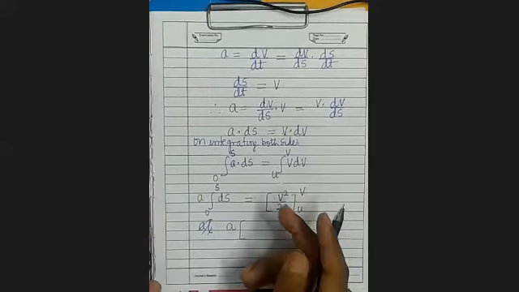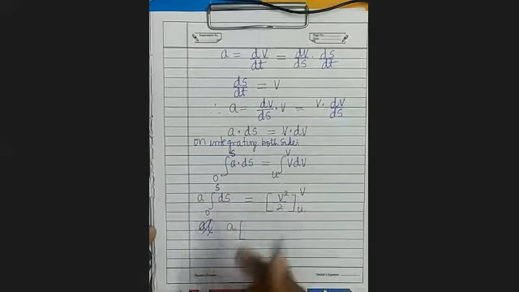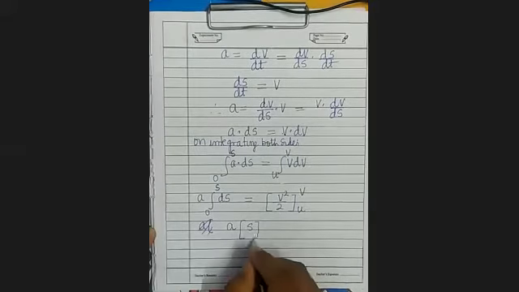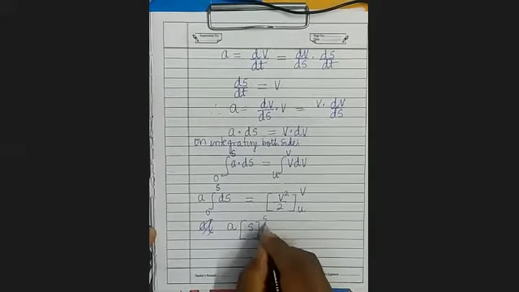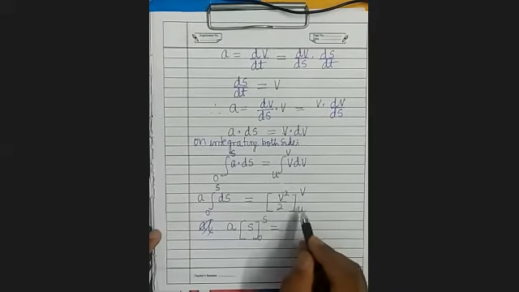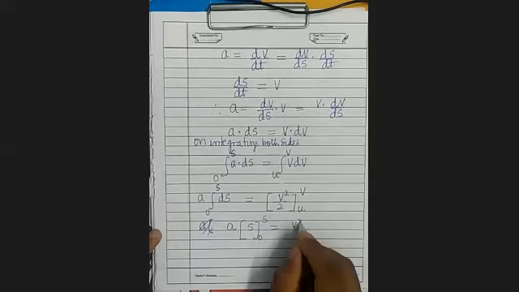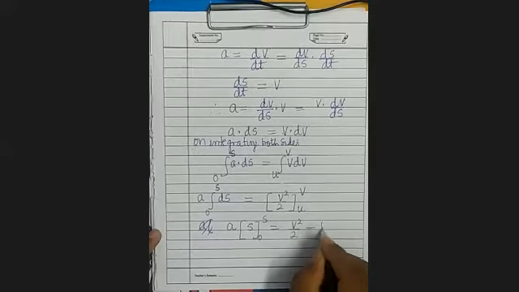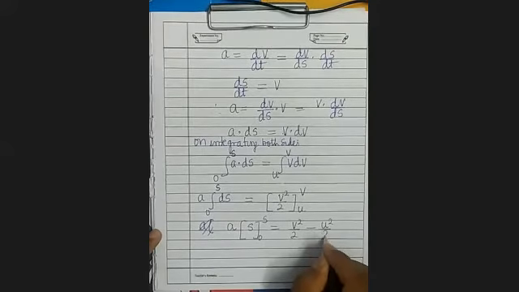Integral dx equals to x, therefore integral ds equals to s. 0 to s. Now here its value at the upper limit minus its value at the lower. v square upon 2 minus u square upon 2.